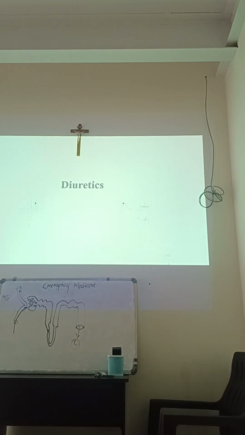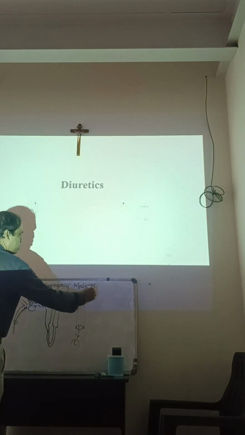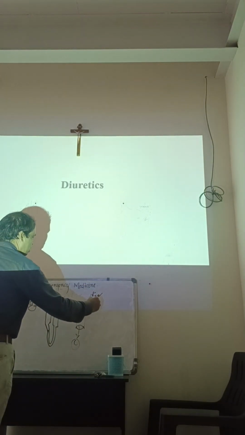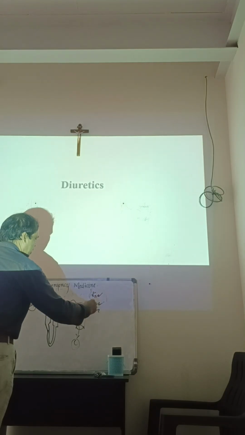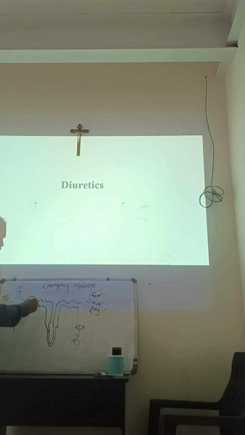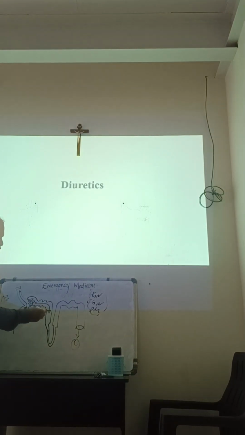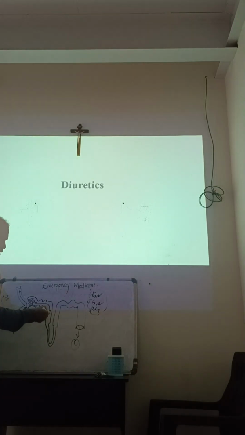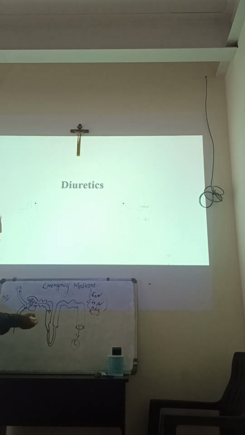This plasma protein may come in the urine in case of acute glomerulonephritis, chronic glomerulonephritis, diabetes mellitus, or any other reason that is causing kidney damage. Once all the content of the plasma is filtered, that is called glomerular filtration. Once it is in the renal tubule, some of the content gets reabsorbed and some gets secreted.